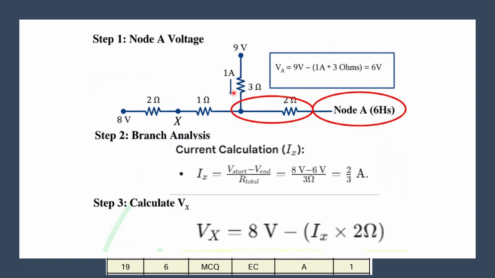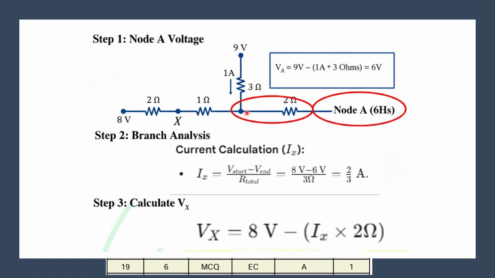Since current and resistance are given, V is equal to IR. So 9 minus 1 into 3, VA should be equal to 6 volts. Here it is 9 volts, but because of this resistor, 3 volts have dropped across it. So now the voltage is 6 volts here, right?